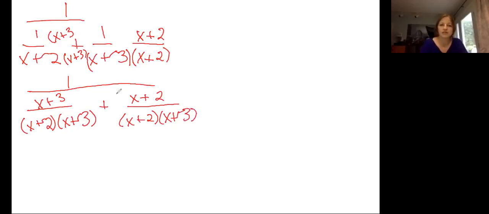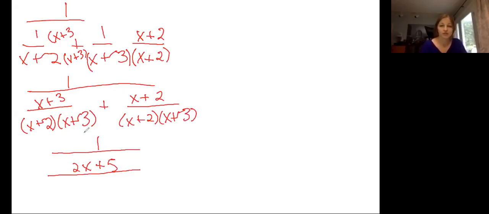Now we have the same denominator, so now we can add our numerators. So let's do that. So we have 1 over x plus x is 2x. 3 plus 2 is 5 over x plus 2 times x plus 3.